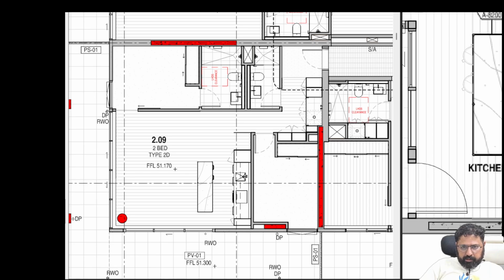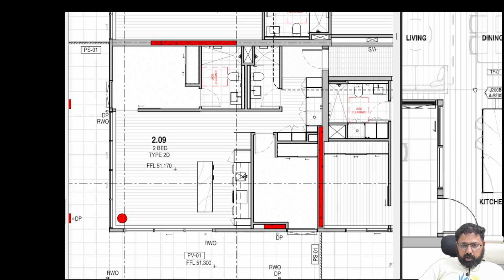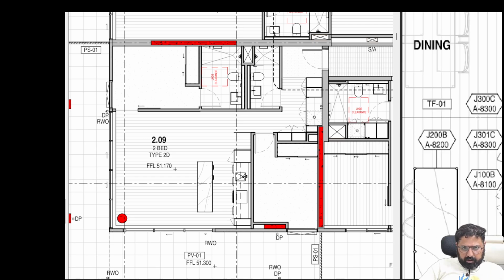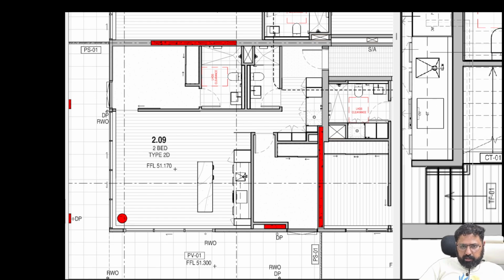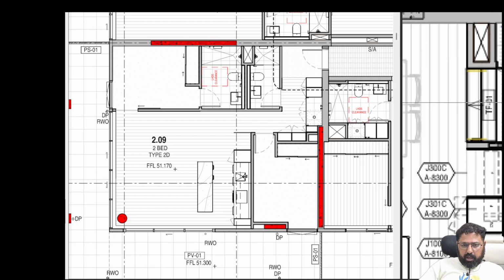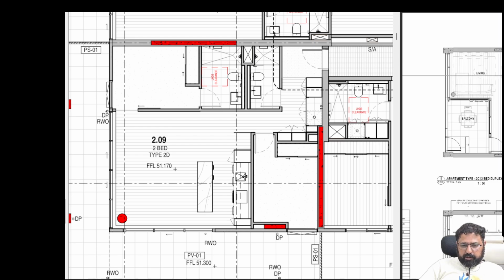And this one, this may be, yes, this is the wooden flooring. These are the tiles, TL01. This is the downstairs of the room, and this is the tile over here.